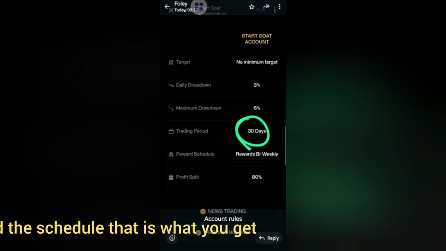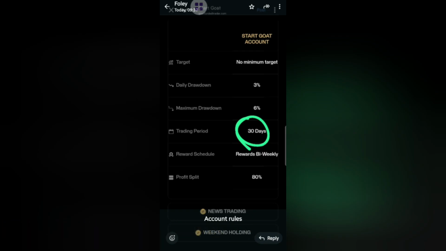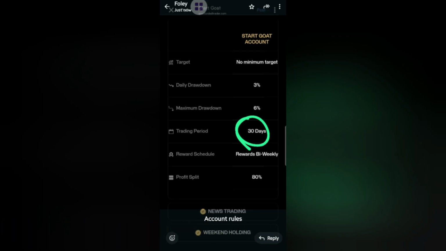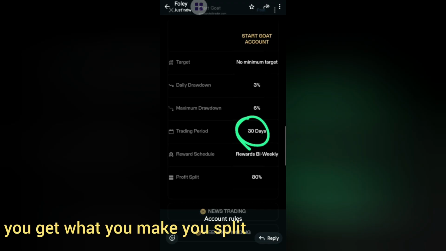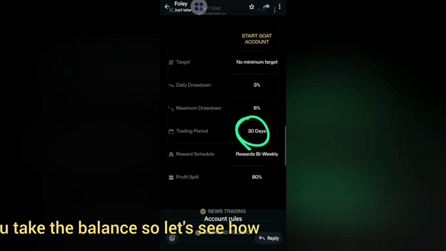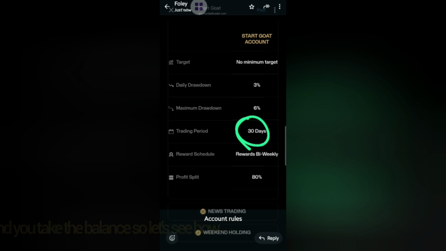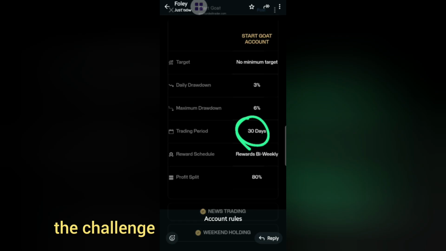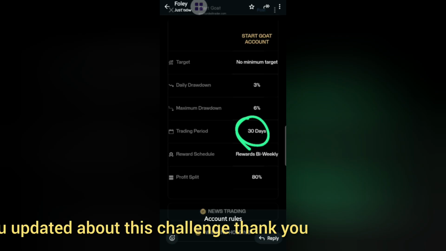Reward schedule, that is what you get, it is bi-weekly. Then profit split 80%. What you make, you split by 80% and you take the balance. So let's see how this turns out at the end of the challenge. I will keep you updated about this challenge.